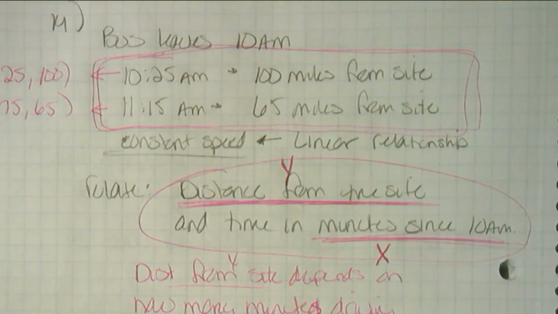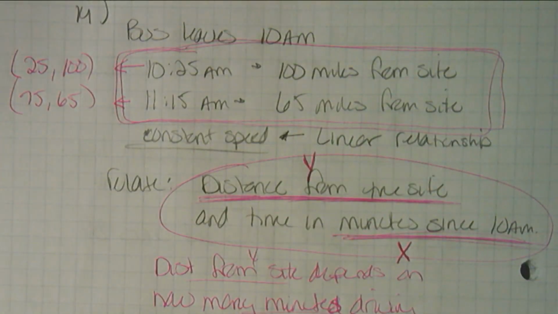What would my y-intercept look like? So what time would that be? It would be 10. So if we knew at 10 o'clock how far we were away from the site, that would be our y-intercept. Because you're right, our y-intercept is when x is 0, and that would be the number of minutes since 10 a.m. would be at 10 a.m. All right, so I don't have my y-intercept.